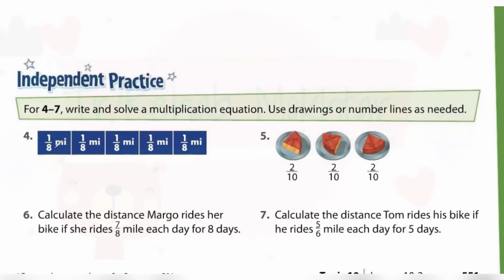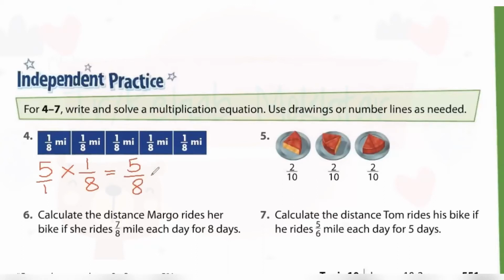Here, how many eighths do we have? We have 1, 2, 3, 4, 5. So I would multiply 5 times, what is the fraction here? 1 out of 8. Now I know that the denominator here is 1. 5 times 1 equals 5, and 1 times 8 equals 8.